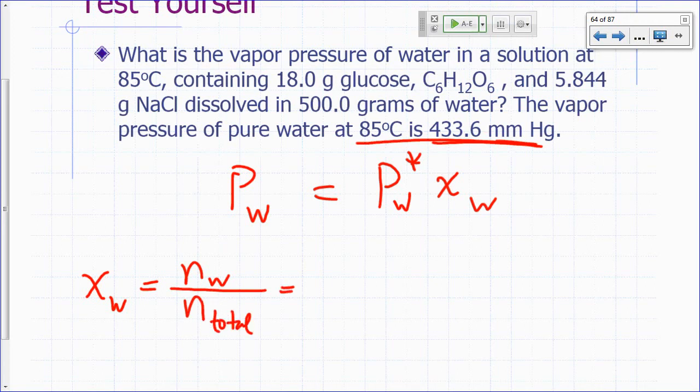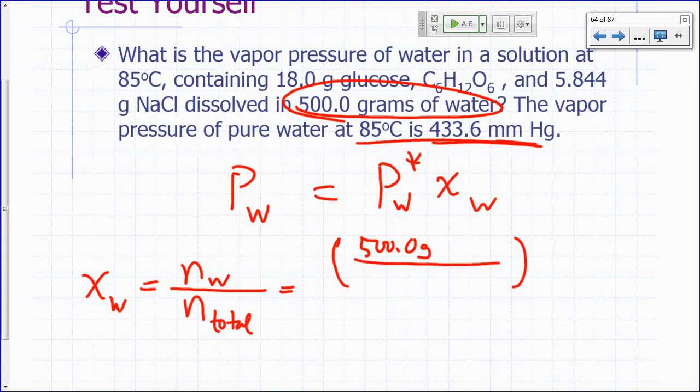How many moles of water do I have? I have 500 grams of water. How do I change that to moles? 500 grams over 18.02 grams per mole.